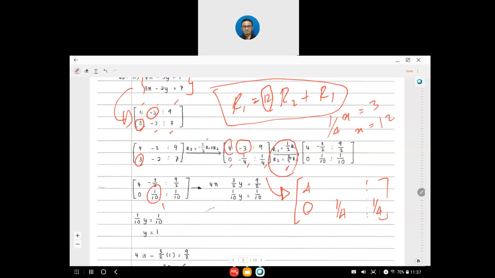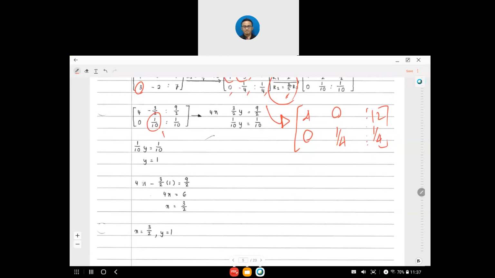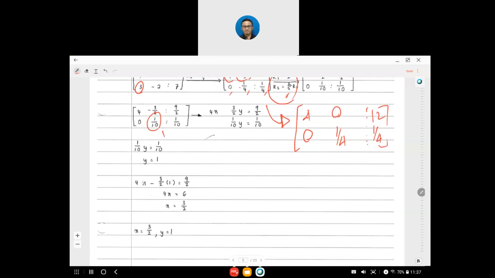So become 4. Okay. 12 plus times 1/4. So 3. 3 minus 3. So here is 0. Okay. 12 times 1/4. Okay. So you can get 3. 3 plus 9. So you can get 12 here. Okay. So yang ni.